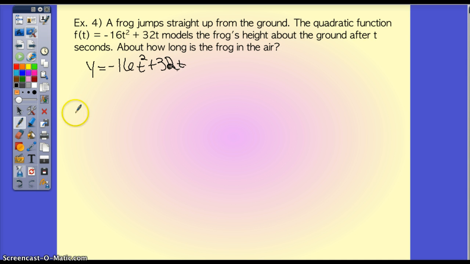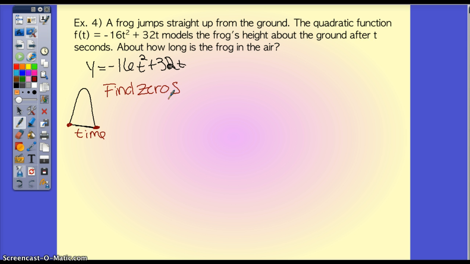So if I think about this, a frog goes up and comes down. This right here is his time. So isn't that a 0 and that a 0? So we need to figure that out. Let's just go ahead and graph it and find the zeros, because we have to find the zeros.